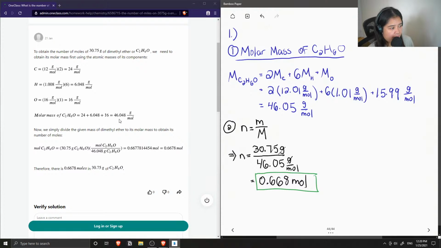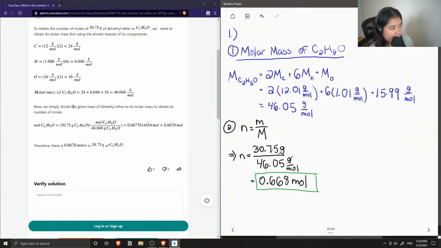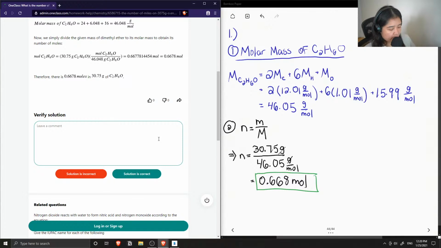And when they added it up, they got 46.048 grams per mole. Now we simply divide the given mass of dimethyl ether by its molar mass to obtain its number of moles, and they also got around 0.6678 moles. So this solution is correct.